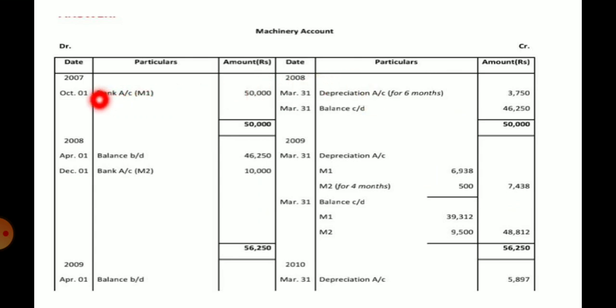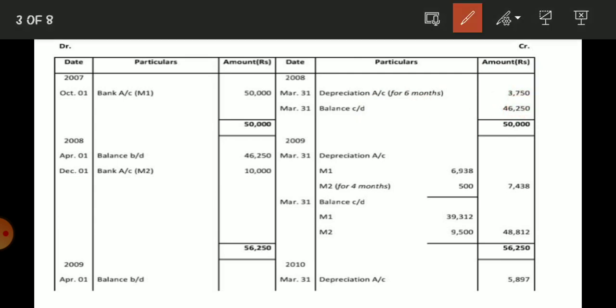First, on 1st October, first machinery is purchased for 50,000 and depreciation is charged only for 6 months. That is 3,750. How is it calculated?